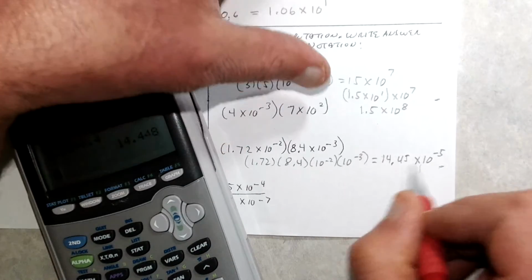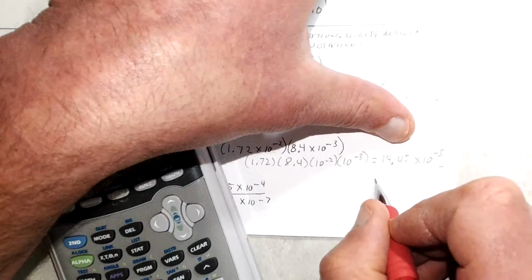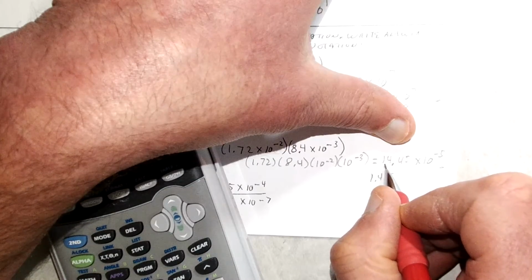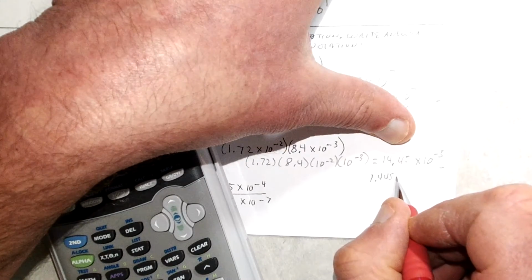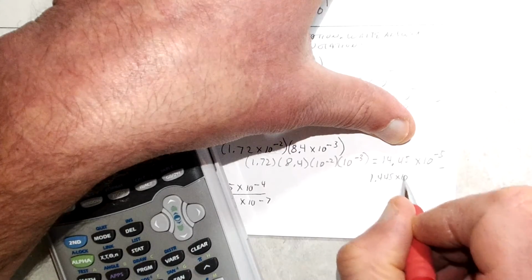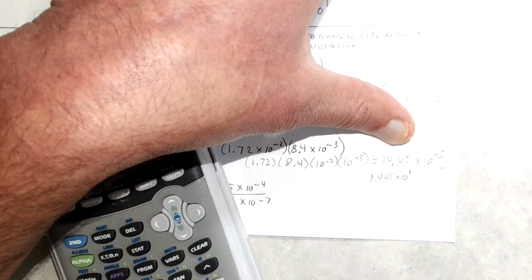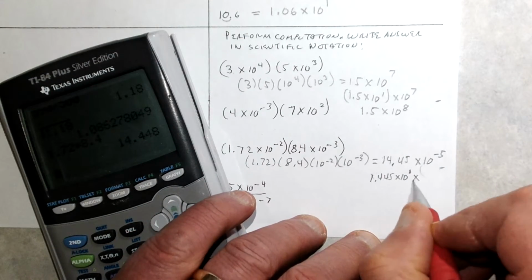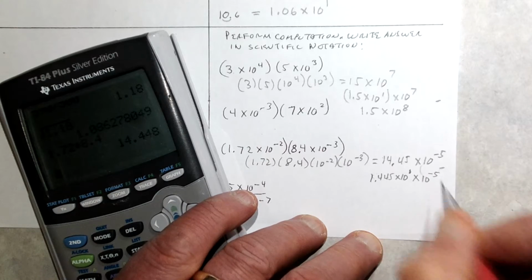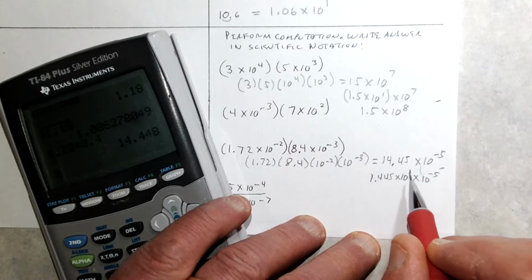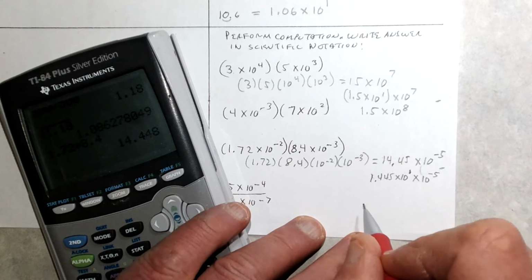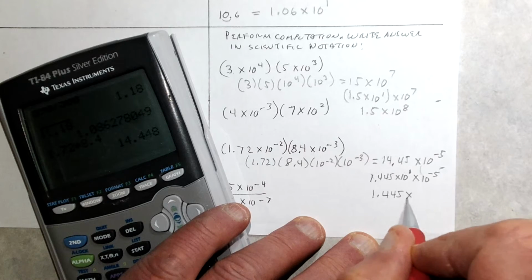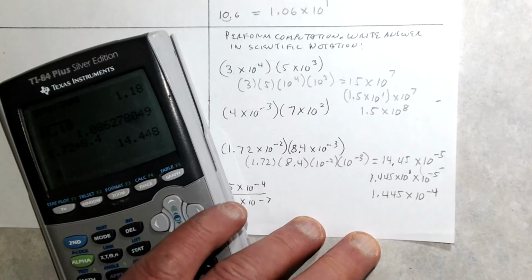So I do an internal adjustment to scientific notation of that number, which would be 1.445, and because I made a negative direction move to get to a decimal between 1 and 10, I have to make a positive compensation of 10 to the first power. But I'm still multiplying that times 10 to the negative fifth power. So now what happens here is 1 plus negative 5 is negative 4, and I'll get an answer of 1.445 times 10 to the negative fourth power.